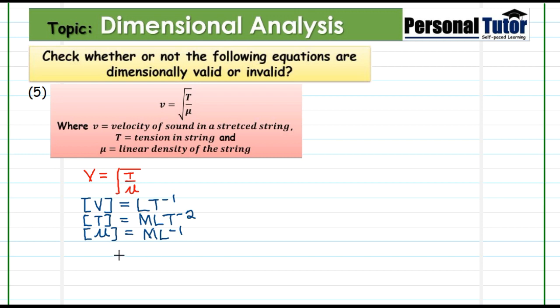Okay, now substituting this into the equation, that of the v will become L T minus 1 equals the square root of the T, M L T exponent minus 2, all over that of the mu, M L exponent negative 1.